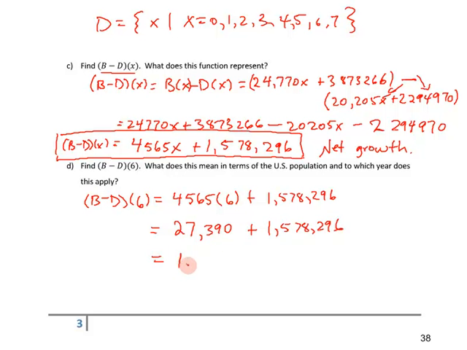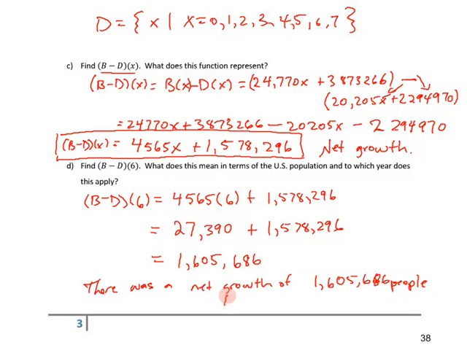Add those up, I get 1,605,686. Okay, there was a net growth of 1,605,686 people in 2001. Okay, that's what it means in terms of U.S. population. All right, and that's the end of section 2.2.